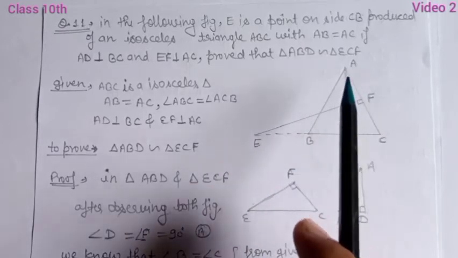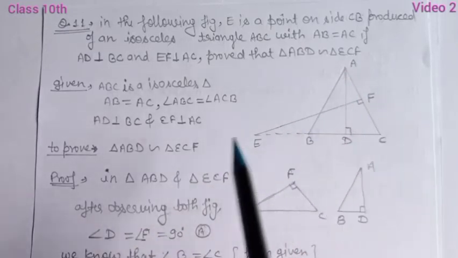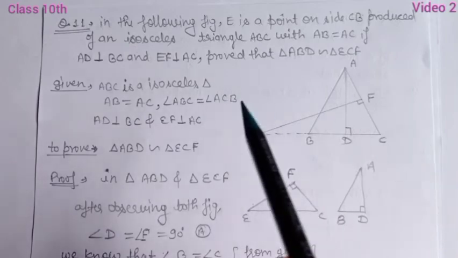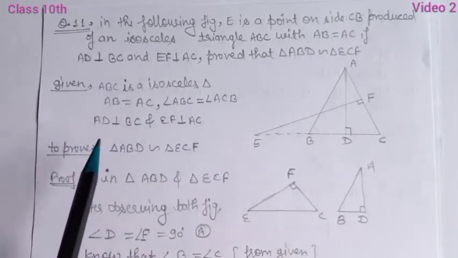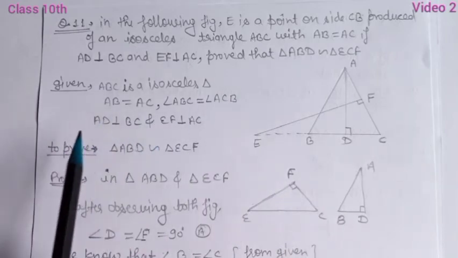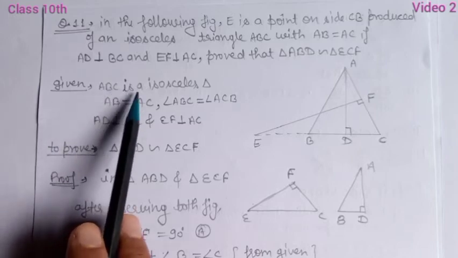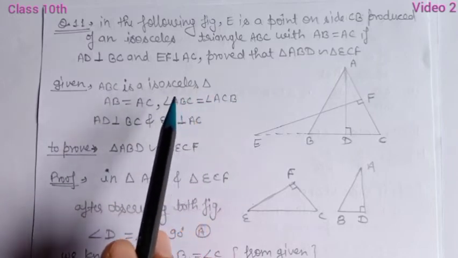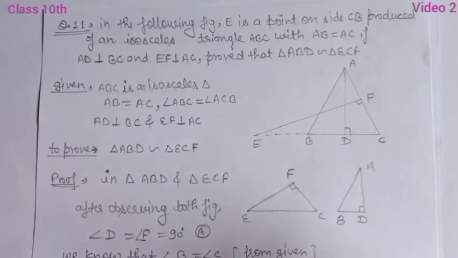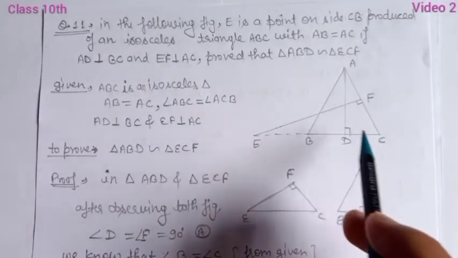So students, after reading the question, we will separate what is given here. So write the given things. ABC is an isosceles triangle. As you know the property of an isosceles triangle, if the triangle is isosceles, it means two sides and two angles are also equal.